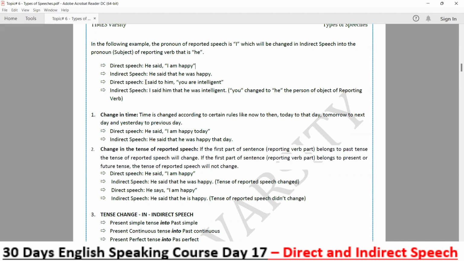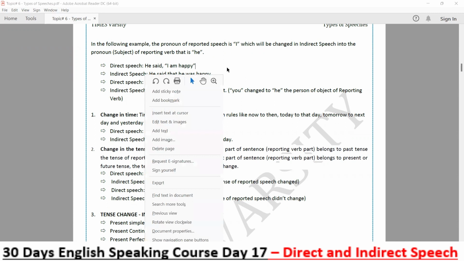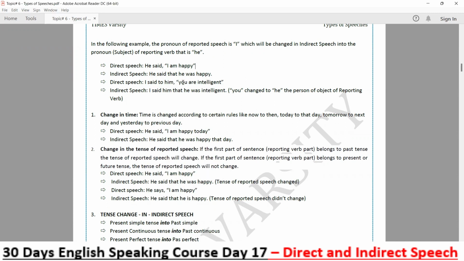Because in this sentence, I am referring to another person, which is the third person. So instead of you, it is he. So you change you to he as the person of the object of the reporting verb.